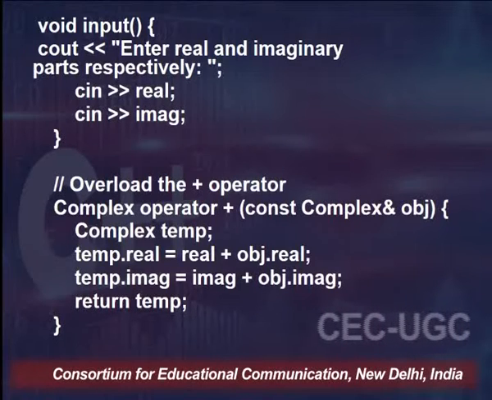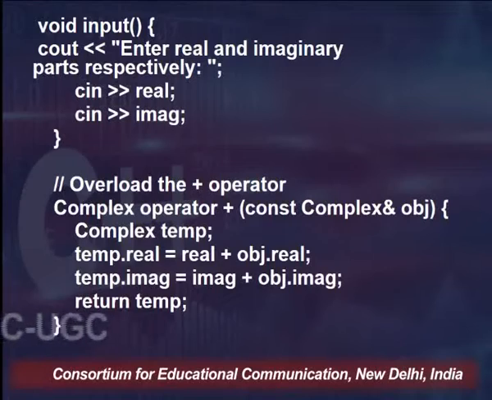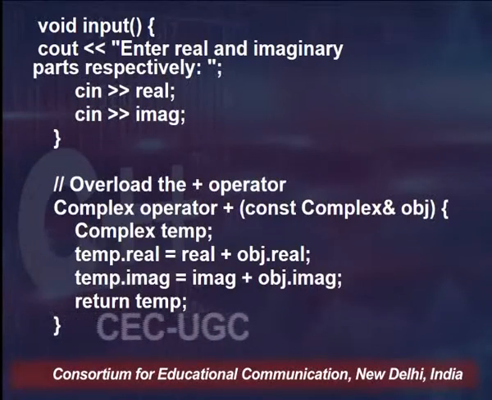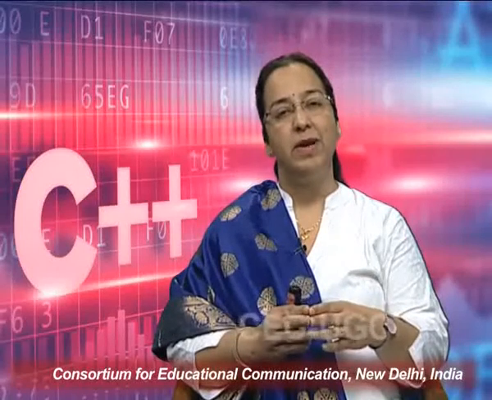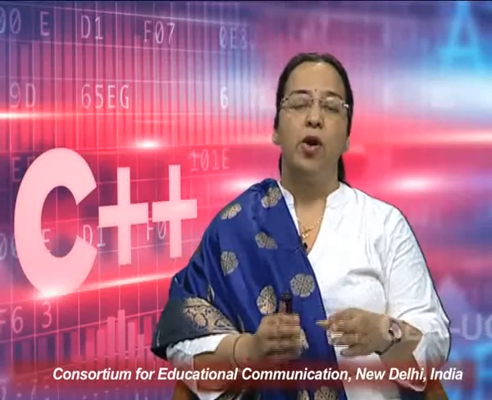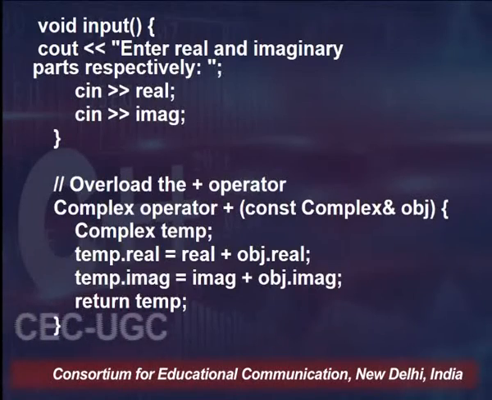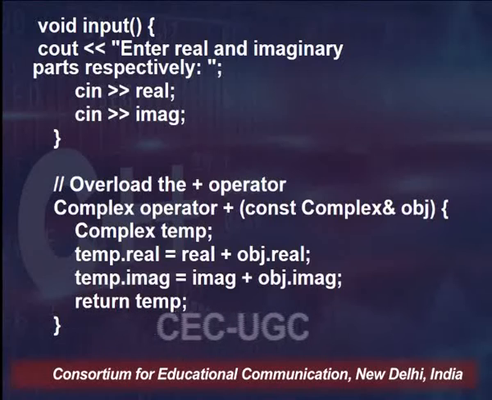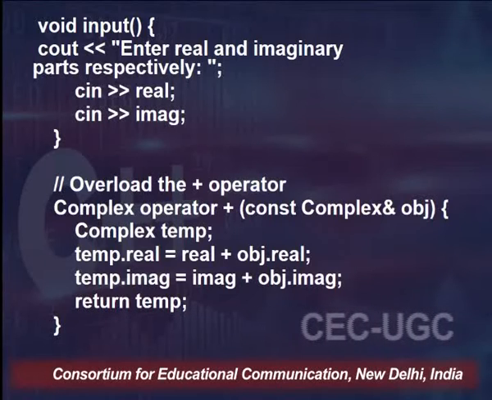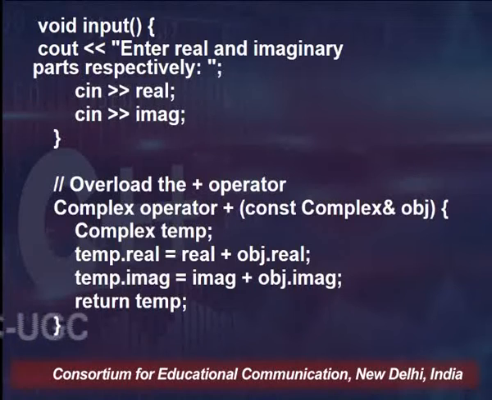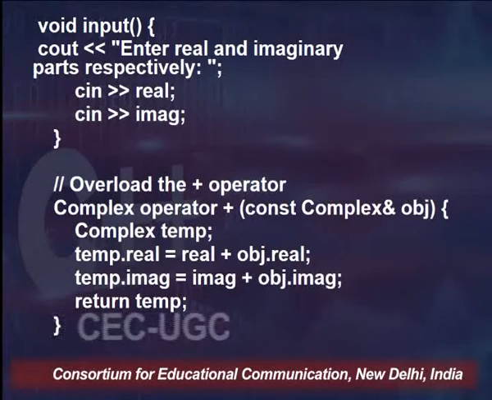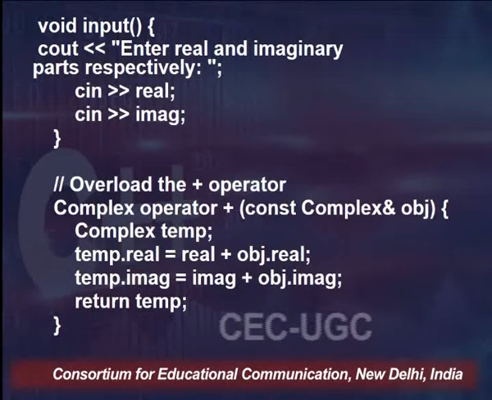Let's try to understand this prototype first. The familiar words here are operator plus. The complex written before operator shows that the return type of your operator function, the function through which the operator is being overloaded, is an object of type complex.